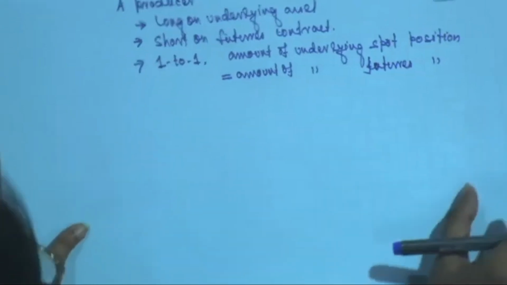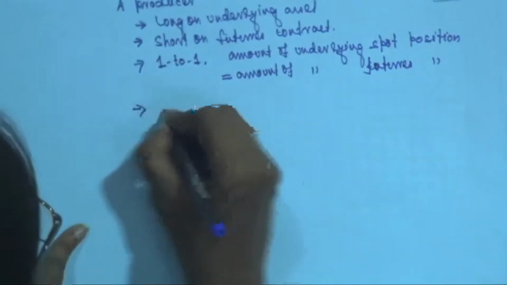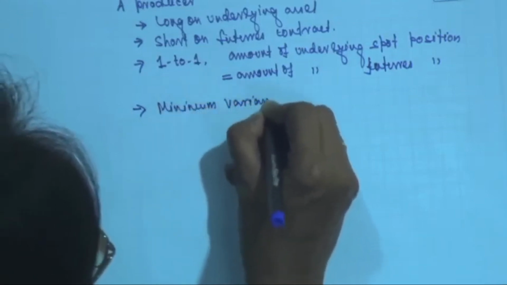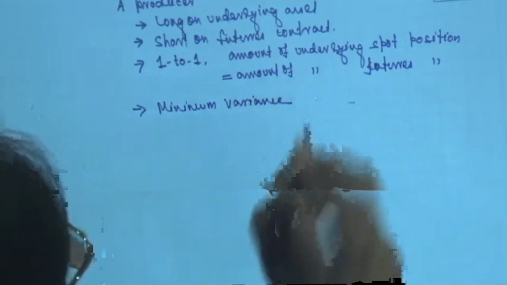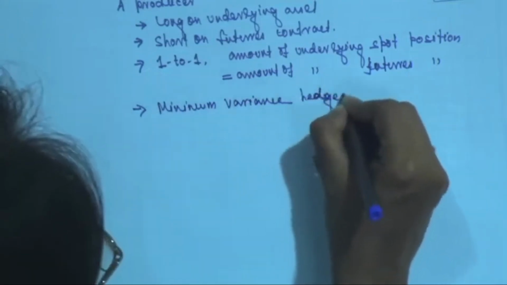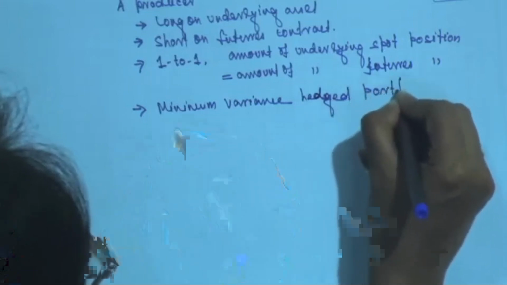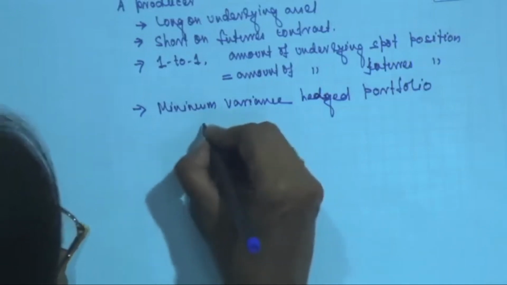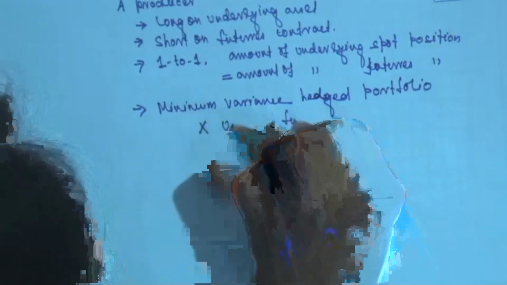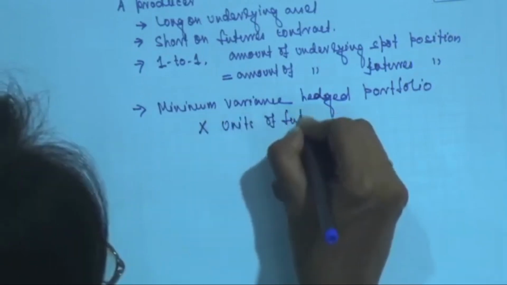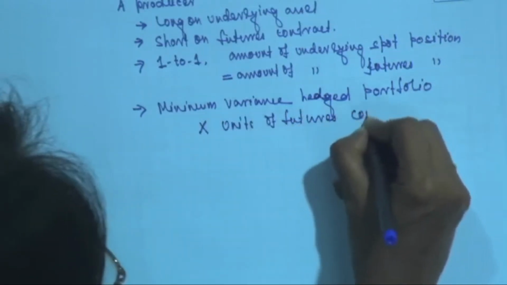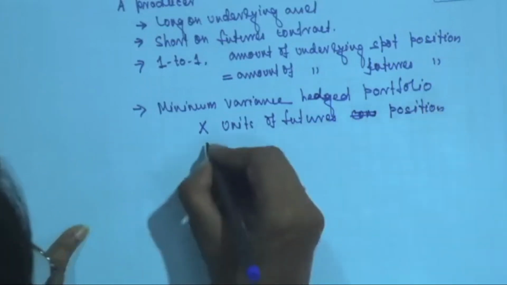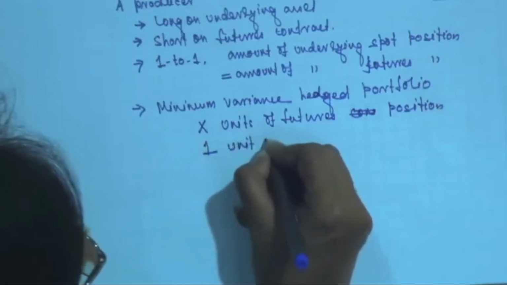But in case of a minimum variance hedged portfolio, we have to find out X units of futures contract for every 1 unit of spot.